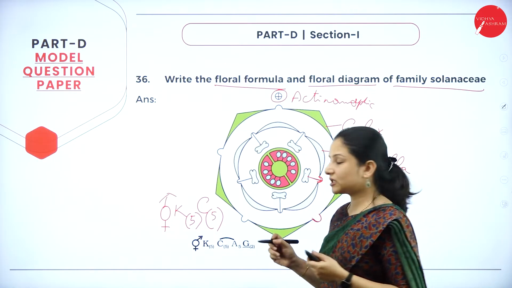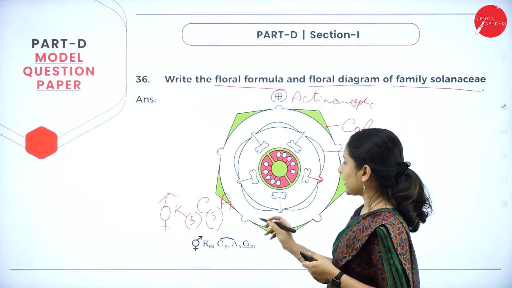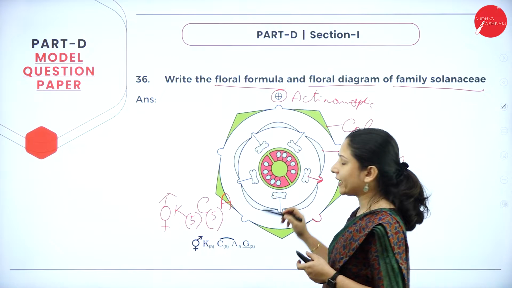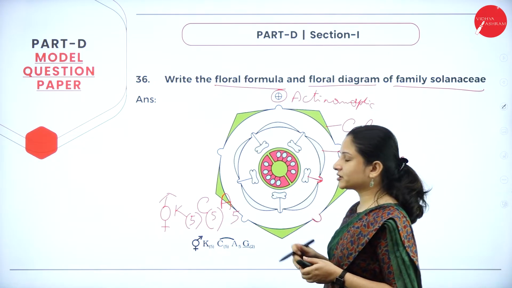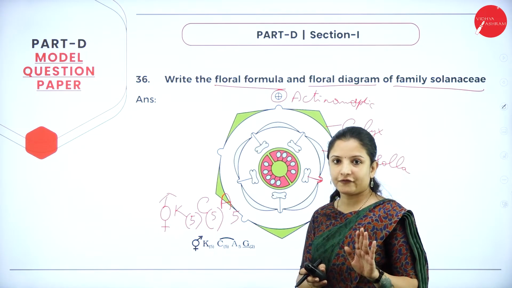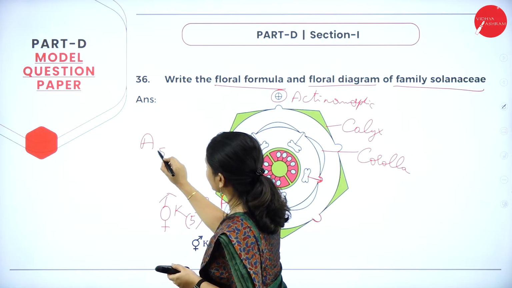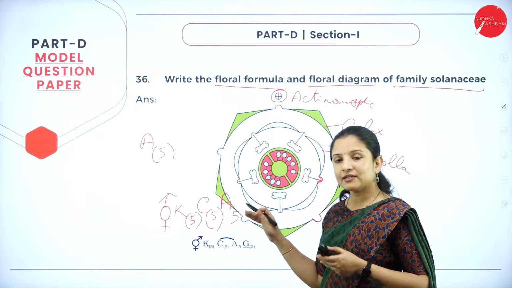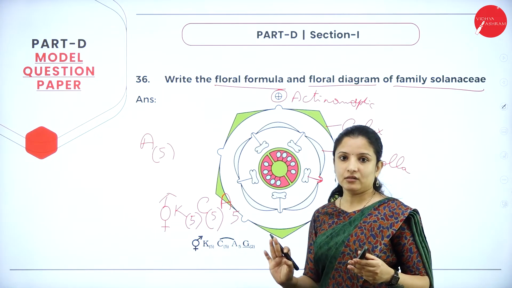It is represented by the symbol A. In A, how many anthers are there? 1, 2, 3, 4, 5. 5 anthers are there. Are the anthers fused? Don't get confused, the anthers here are not fused. If the anthers were fused, you would have written it like this. But here, the anthers are separated, and only each anther is fused to the petal.